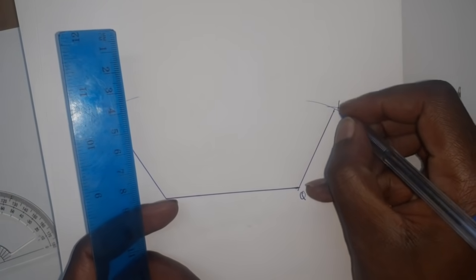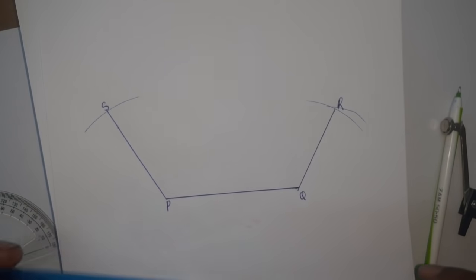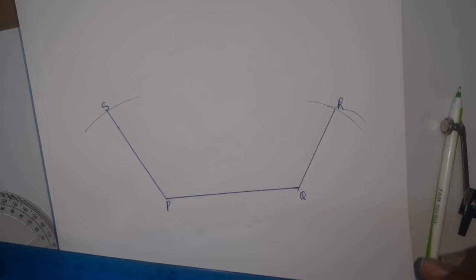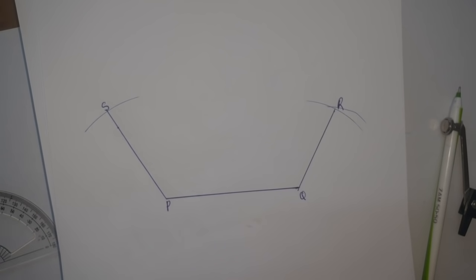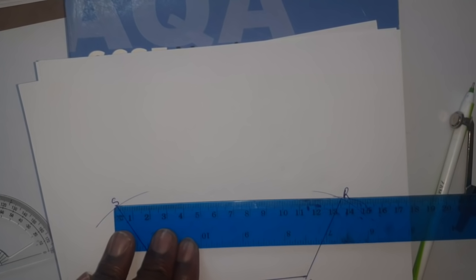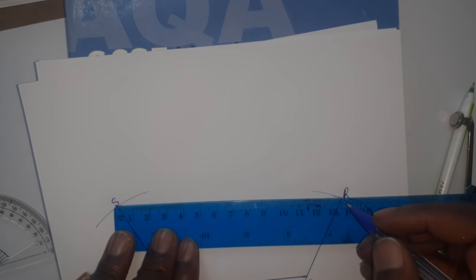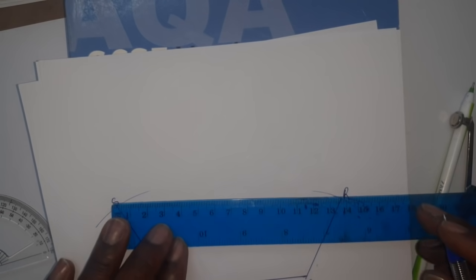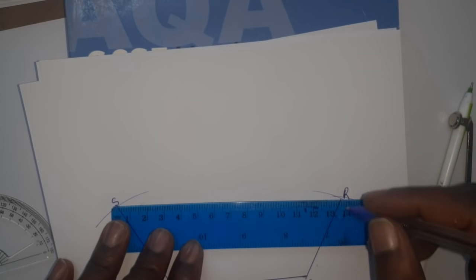So our R must be here. We measure and write down the length of RS. What are we going to get here? This is going to give us about 13.6.